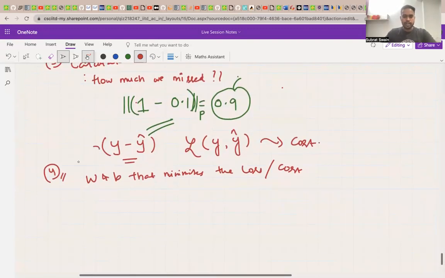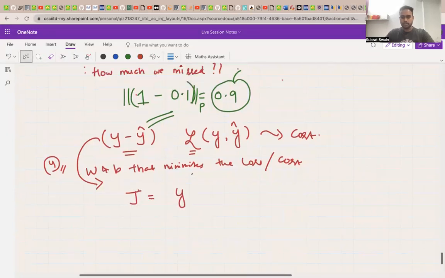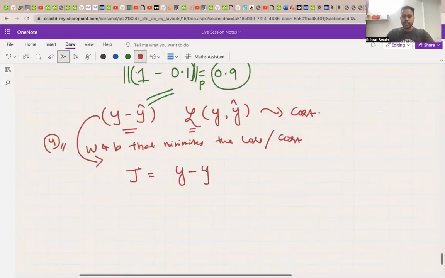Let me write it again. I'm denoting the loss as J. J is my actual Y, which is dog, 1, minus the Y I predicted with my forward pass.